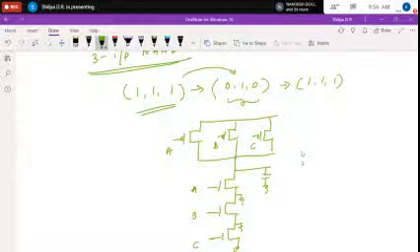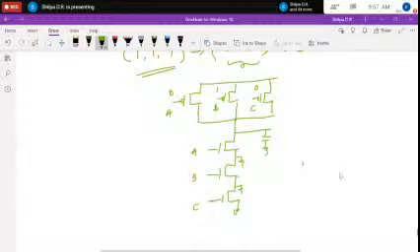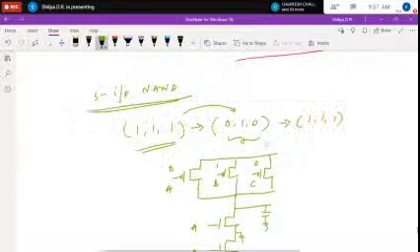So now 0, 1, 0. Here is where you have to start. Please calculate the propagation delay for rise and the propagation delay for fall for this condition. When 0, 1, 0 has happened and it has risen, what will happen after that?